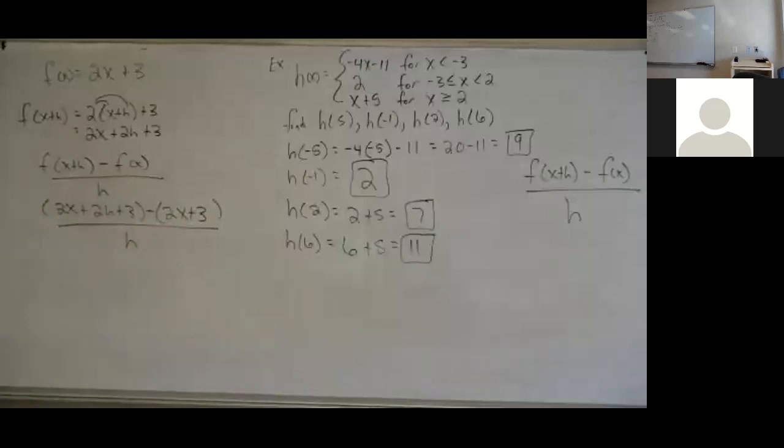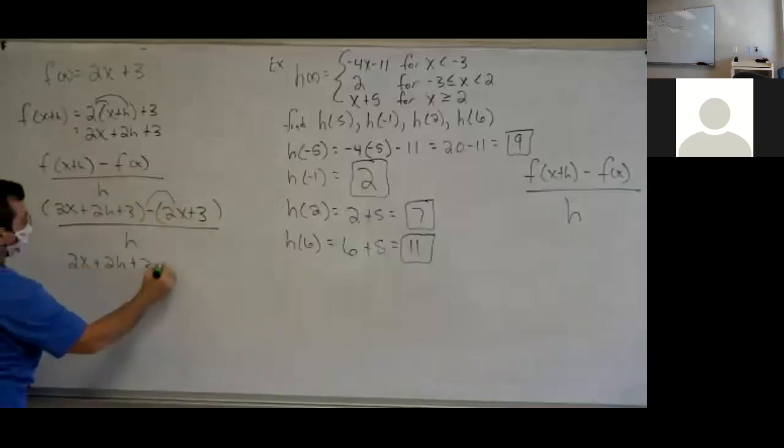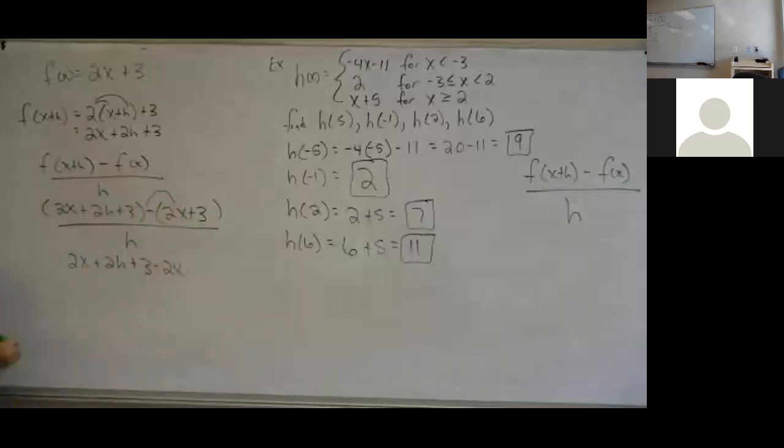If you do this correctly, everything up here that does not have an h in it is going to cancel out. Watch this. I'm going to rewrite this. 2x plus 2h plus 3. Distribute the negative and make that a negative 2x.